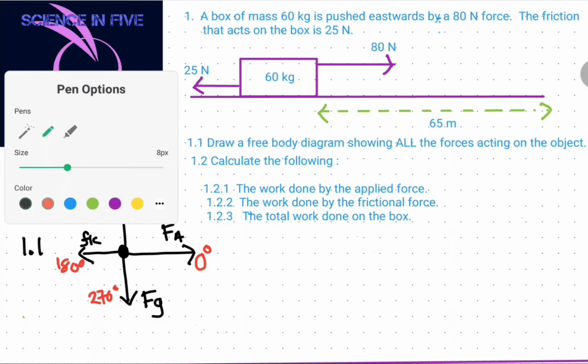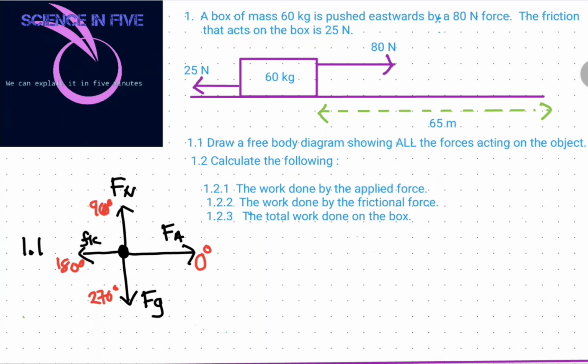Okay. Now 1.2.1, we want the work done by the applied force. The applied force is the 80 newtons. The angle is 0 degrees. So we're going to apply the formula: W equals F delta X times the cos of theta. The force is 80.